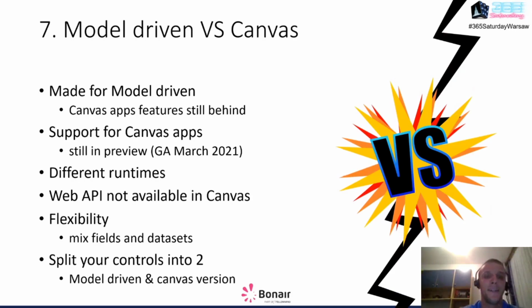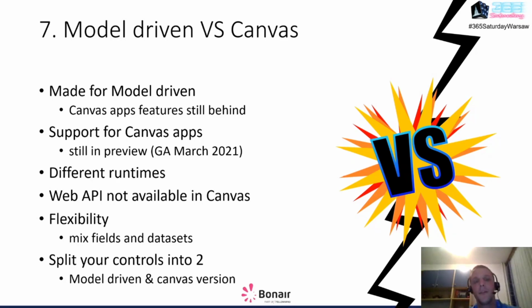Now, maybe the most controversial part in this presentation, model apps versus canvas apps. Why is that so? PCF is made for the model-driven apps. We were waiting for some kind of framework for a while, and canvas apps were not even a thing back in the days.